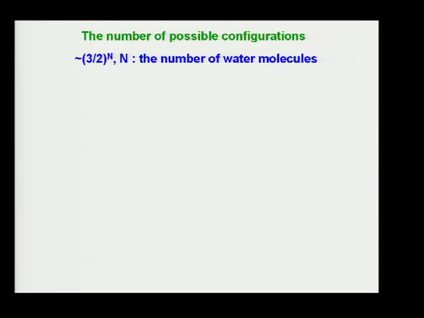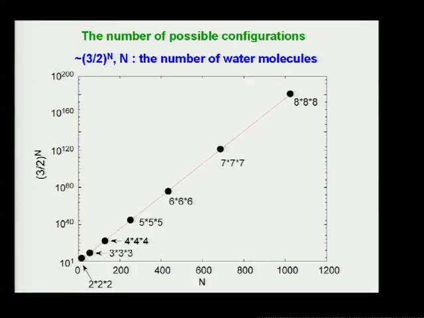The number of possible hydrogen configurations scales almost as (3/2) to the nth power, where n is the number of molecules. This is currently our supercell, so the number of possible configurations is about 10 to the second or 10 to the third power.